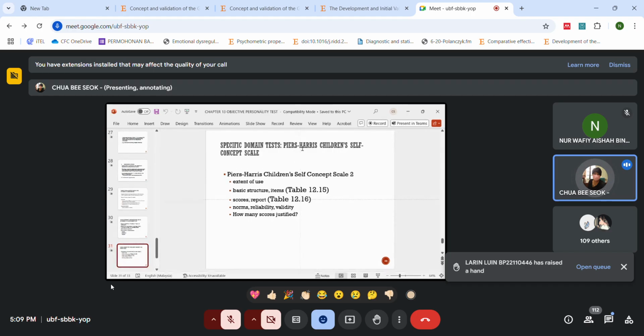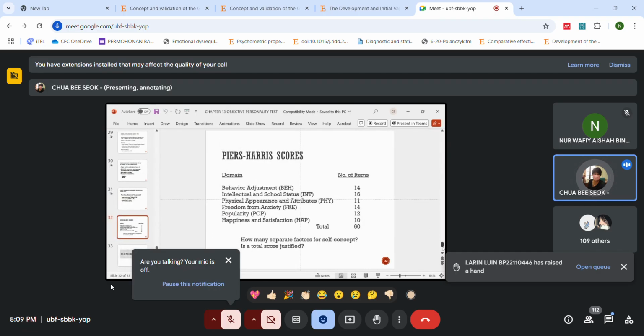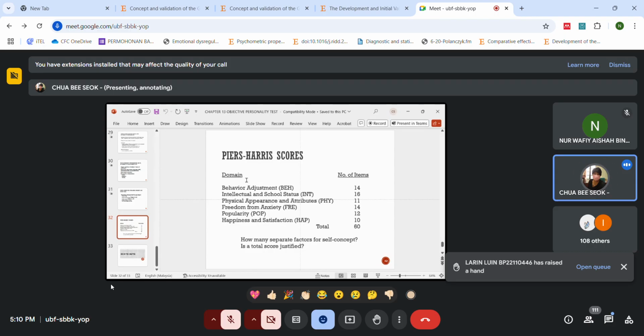And then we have specific domain tests, like the Piers-Harris test just now. Piers-Harris measures the self-concept. Psychometrically it also already has evidence for reliability and validity.